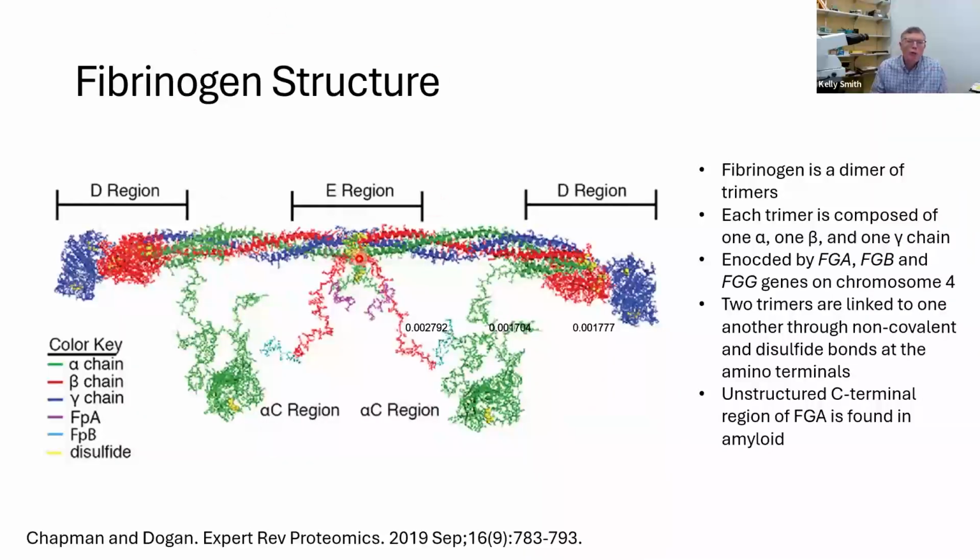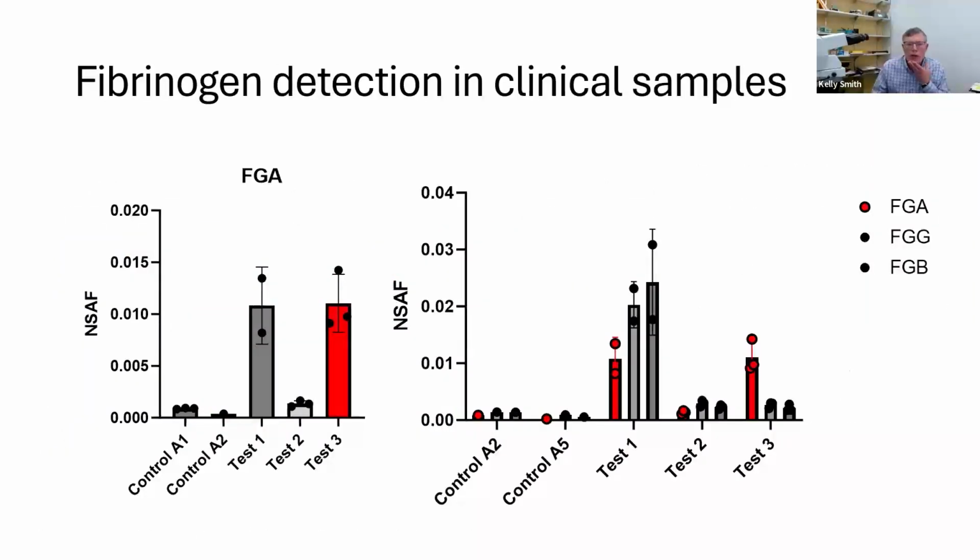So the normal fibrinogen is really a trimer. And so we thought, well, okay, let's look at that. If we look at the other fibrinogen proteins, what do we see? Well, in this test 1 that also had a high level of fibrinogen A, when we look at fibrinogen beta and gamma, we see that it also has high levels of those detected, whereas our patient has low levels of these.